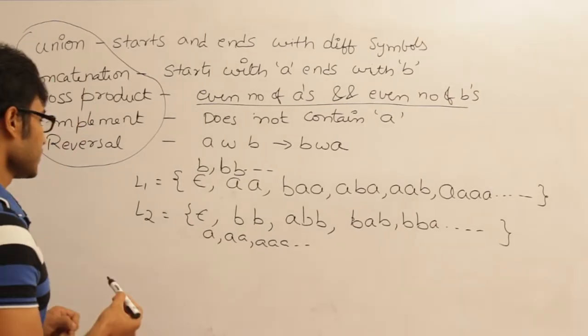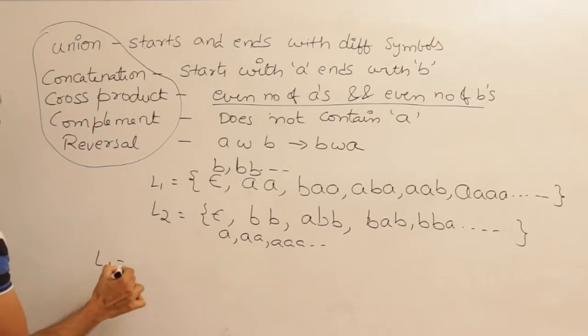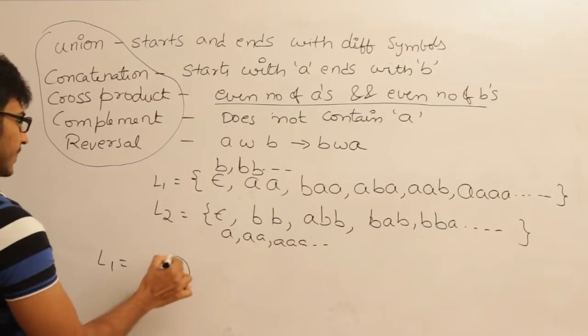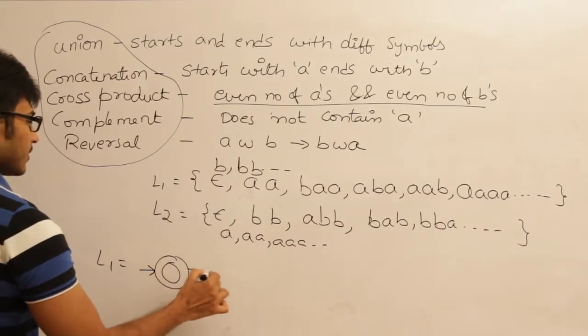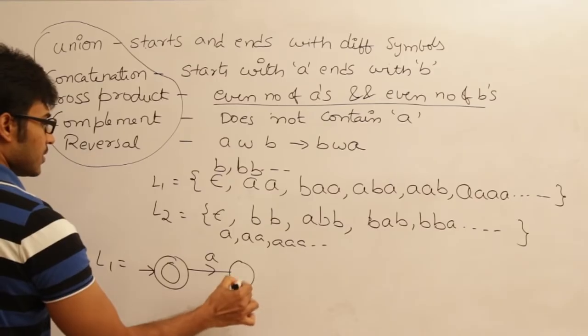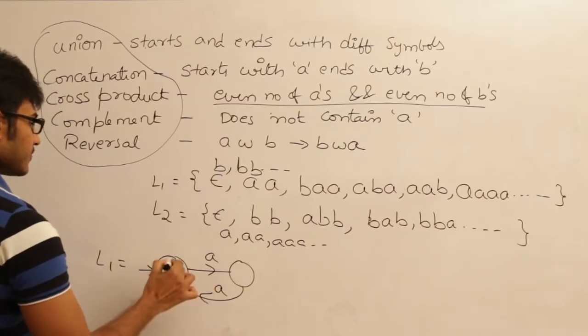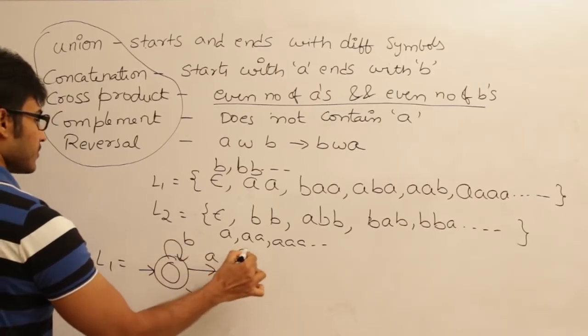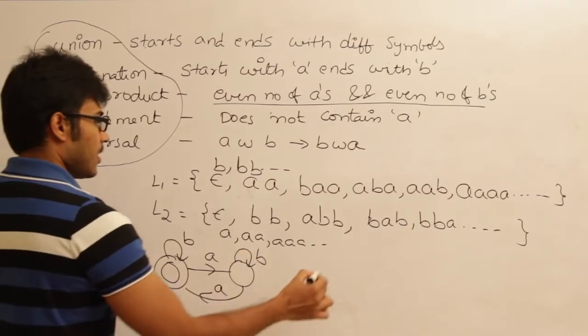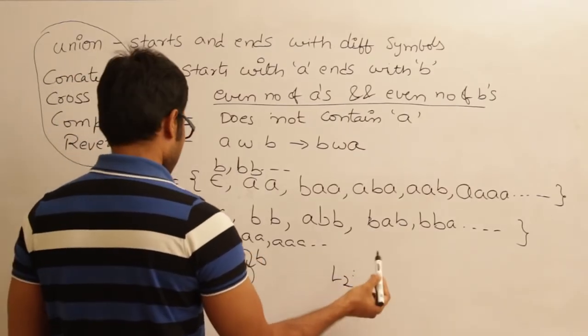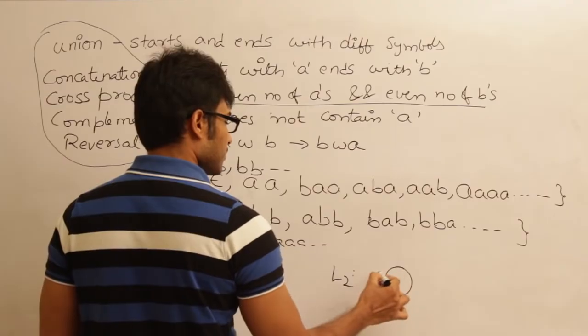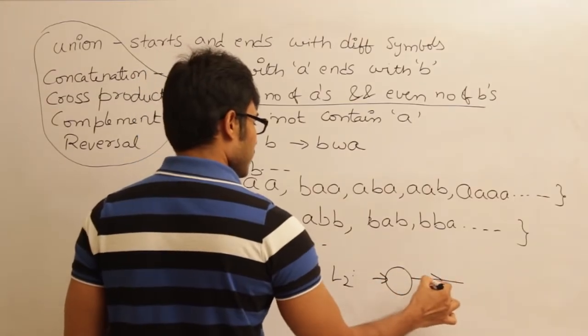Then what I could do is construct separate DFAs for them. This is the even number of A's, and this is the even number of B's.